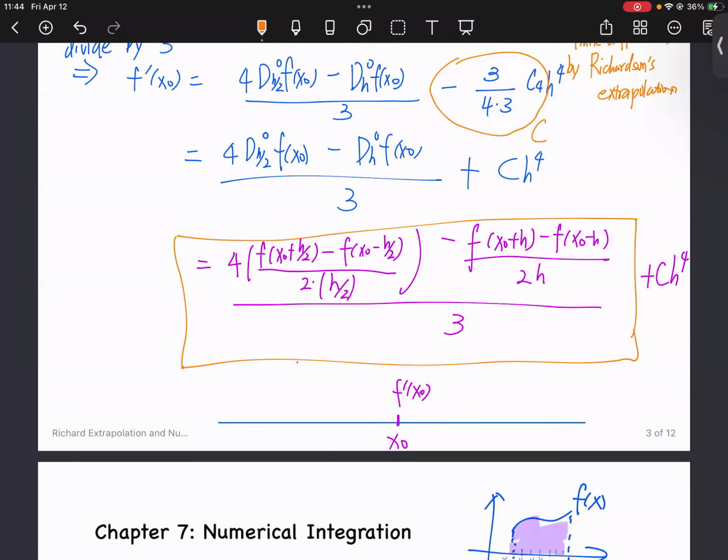So first we get the points x0 minus h and x0 plus h. These are the 2 points we are making use of.